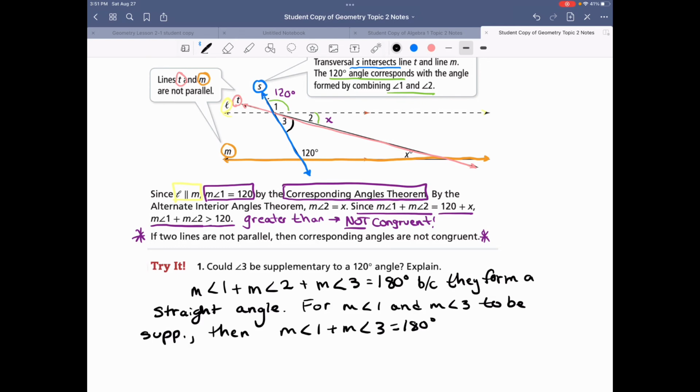But we can't have this piece equal to 180 and this piece equal 180 degrees because of the measure of angle 2, right? In the picture, angle 2 is a part of that. So in order for them to be supplementary, this must be true, but this is not true.